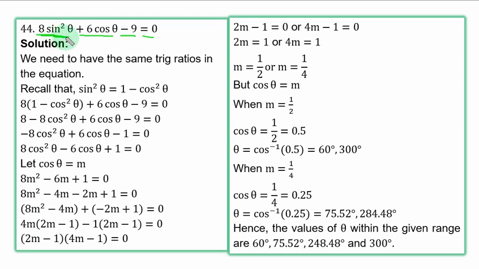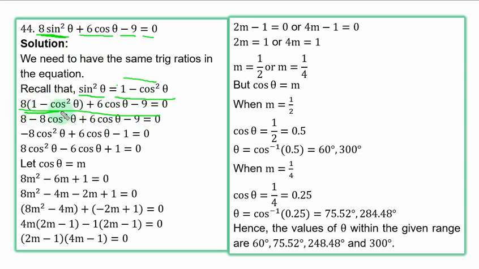Now, let's recall one of the identities: sine squared theta plus cos squared theta equal to 1. In that identity, if you make sine squared theta the subject, you have this result. So you come here and replace it with this value, and you have this line.